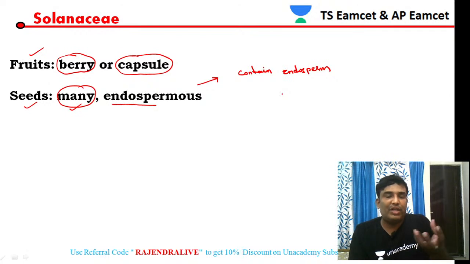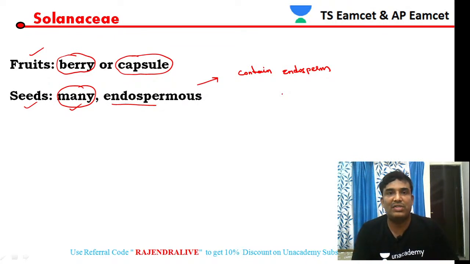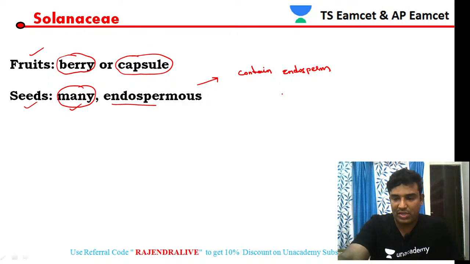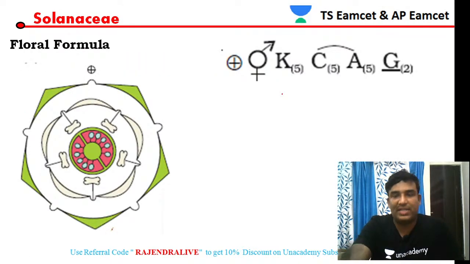But even though the endosperm is utilized, some amount of endosperm is left over in the seeds. Those seeds which contain endosperm are called endospermic seeds. Here also, in Solanaceae members, seeds are endospermic in nature. So that is about the seeds.